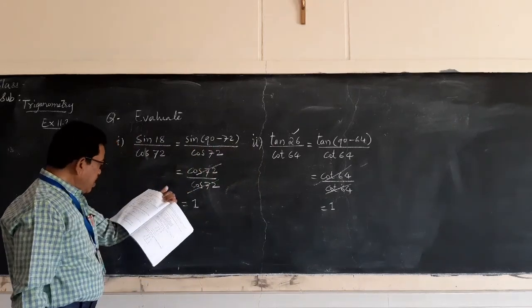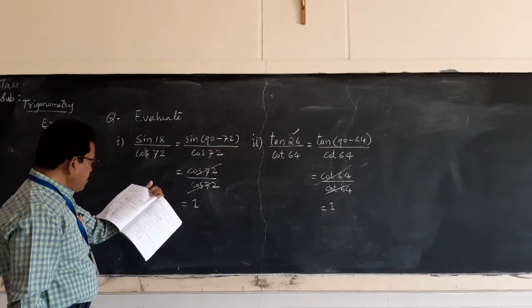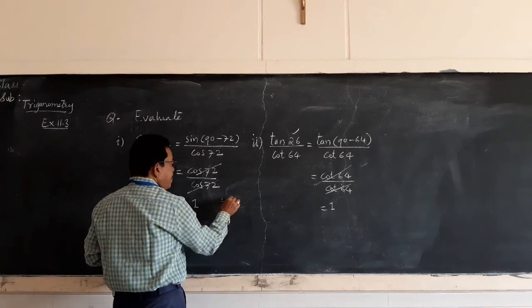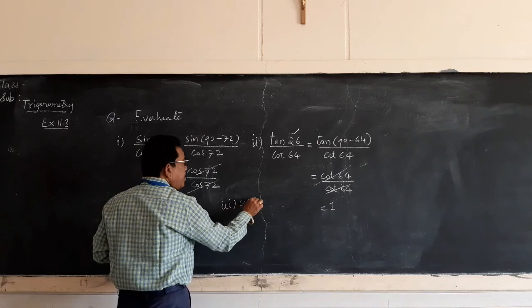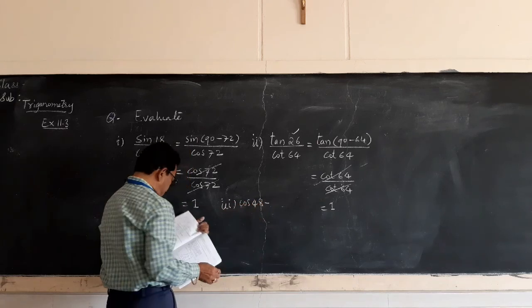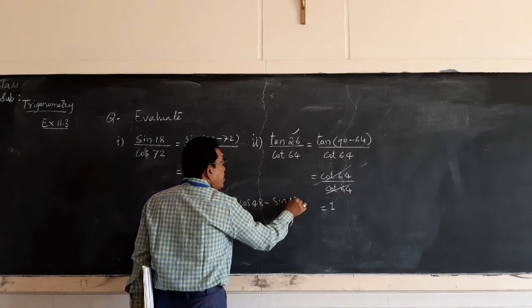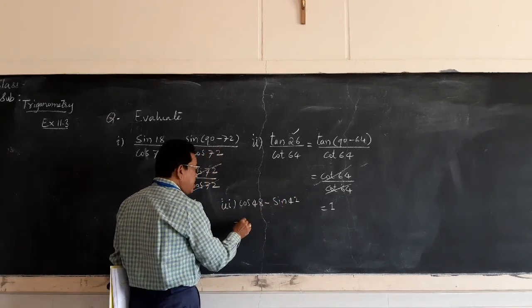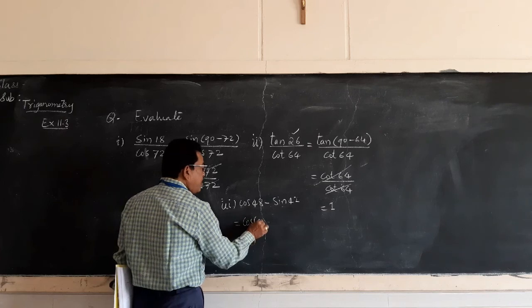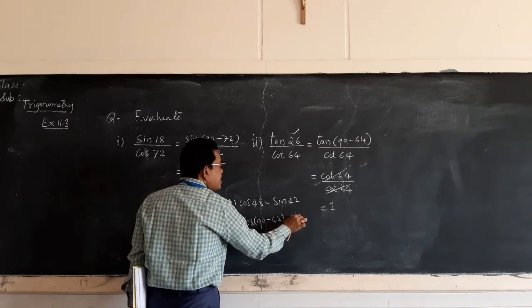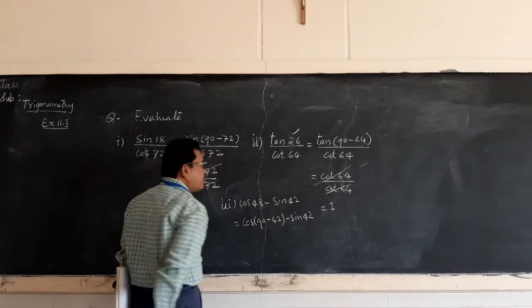Now the third one is cos 48 minus sin 42. Okay, you can alter this one. There is cos of 90 minus 42 minus sin of 42.